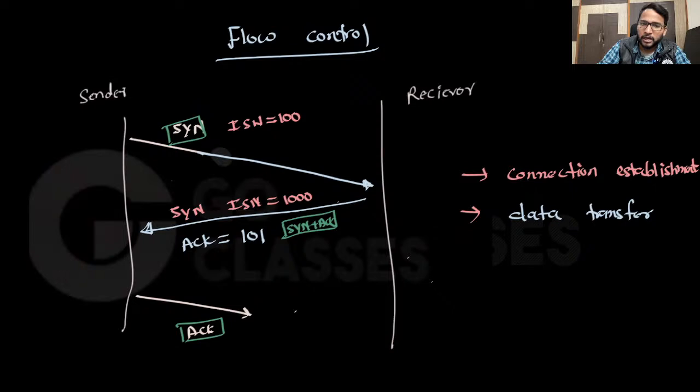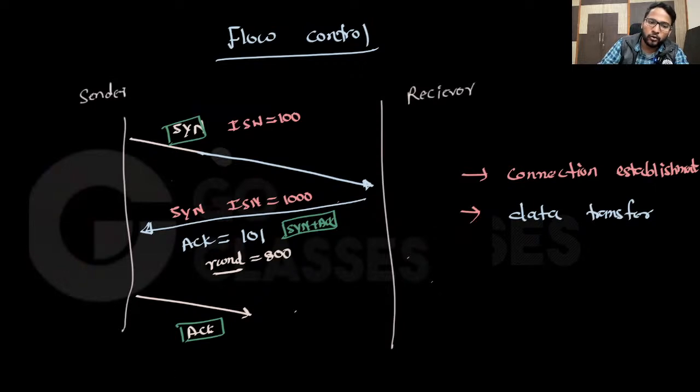Now, as I told you just 5 minutes ago, whenever you are sending the ACK, you not only send the ACK, you also send something called the receiver window size. You also tell that I am expecting the next byte to be whatever it is. Let's suppose in this case it is 101. It says that I am expecting the next byte, which is 101, but my receiver window size is 800. It always tells the receiver window with the ACK.